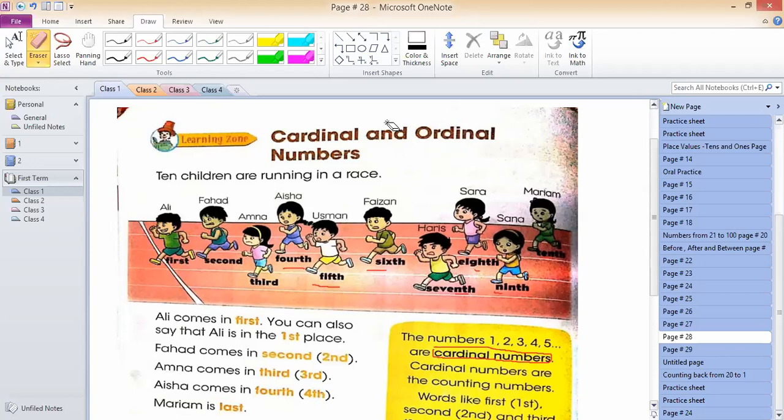I live in ABC apartment on the 5th floor, on the 6th floor, on the 7th floor. So for telling the order, you will use ordinal numbers, and for counting the number, you will use cardinal numbers. Am I clear to you guys? Yes, sir. Very good.